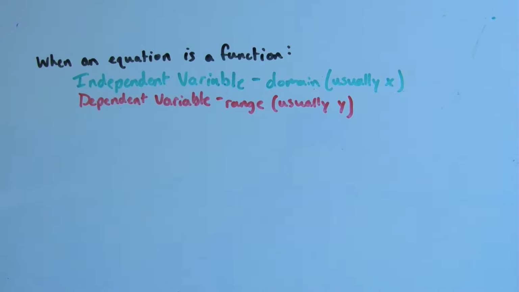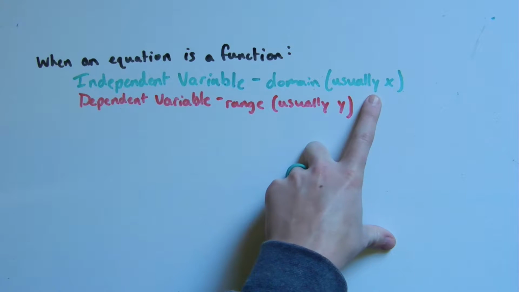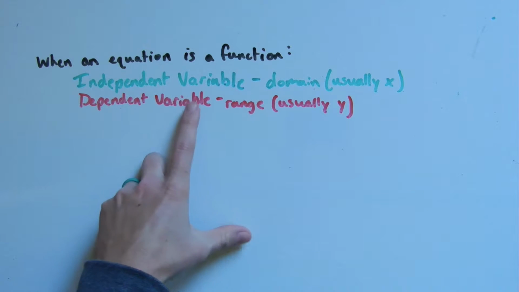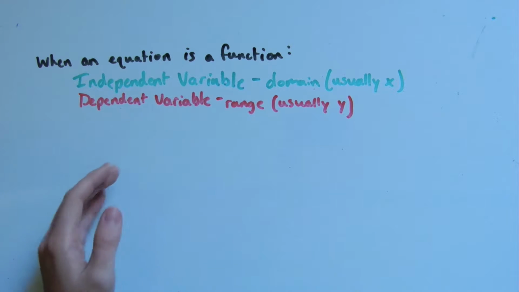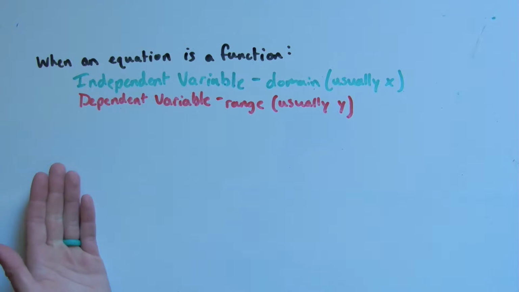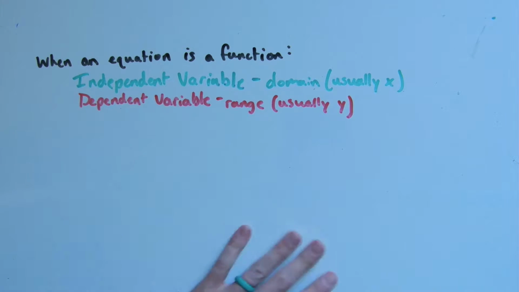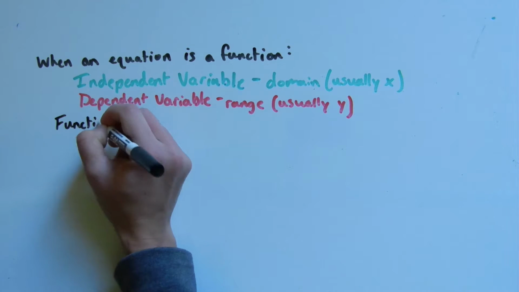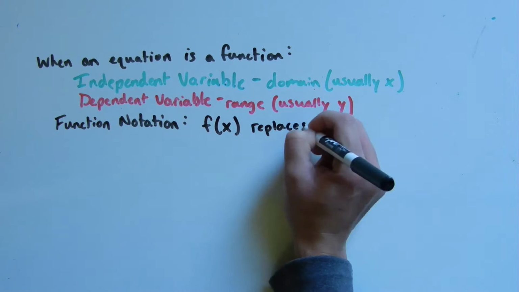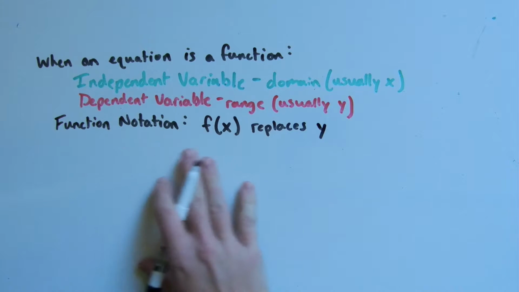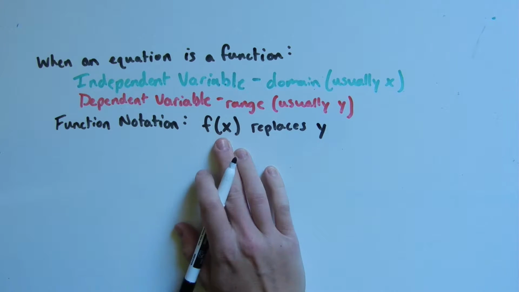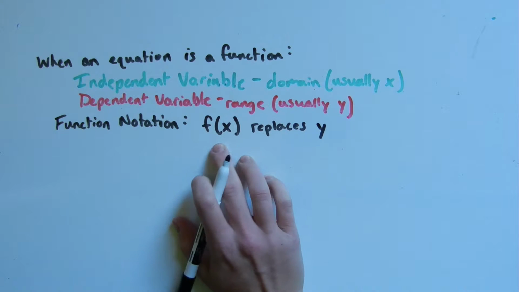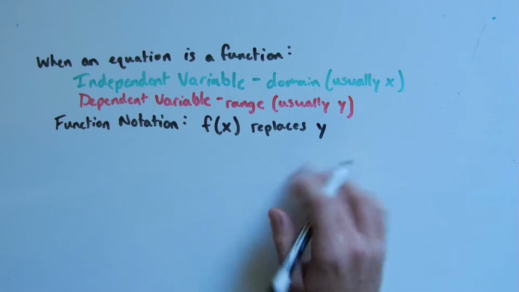So, when an equation is a function, we can say that x's are the independent variable and y's are the dependent variable. That means as we change x, y is going to change accordingly. So in function notation, the way you would write it is that f parentheses with an x inside replaces y.